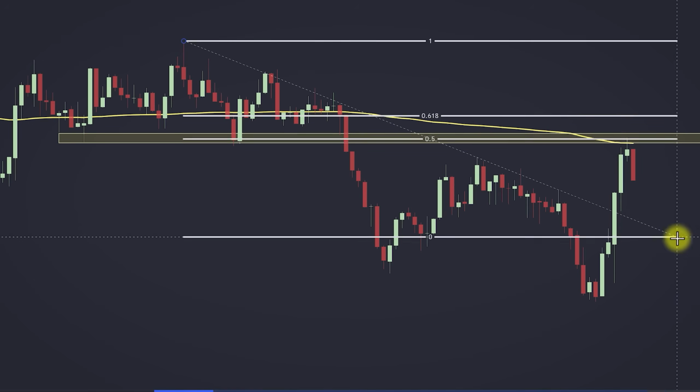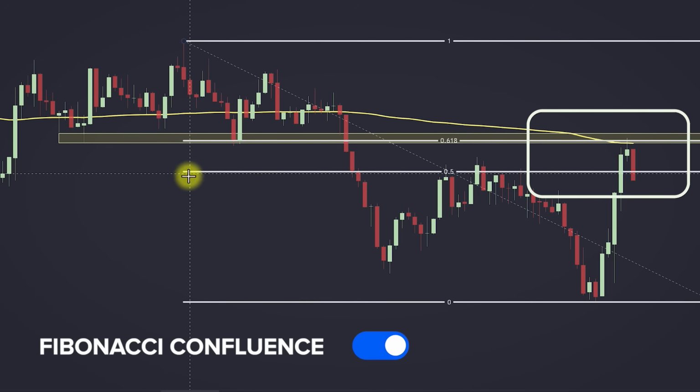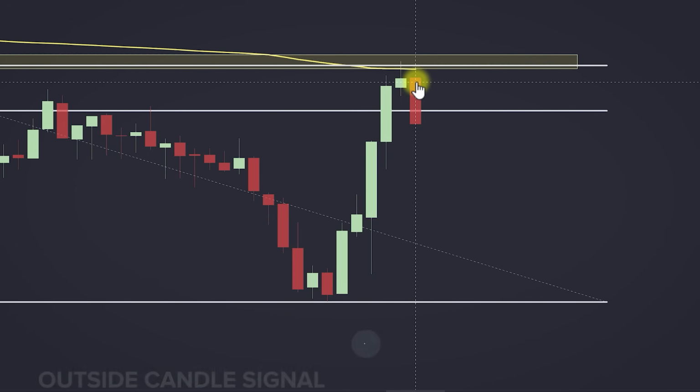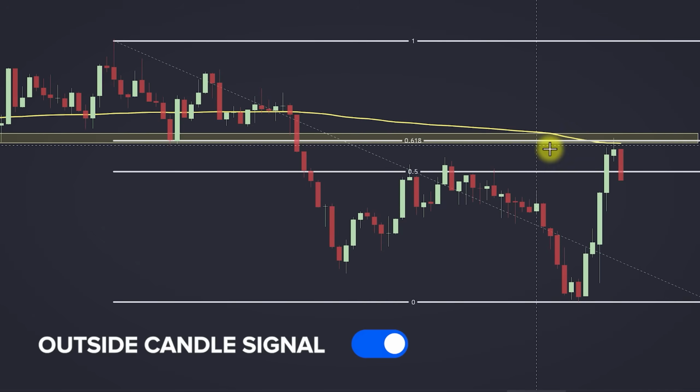Point 4 is Fibonacci confluence. If your VWAP test also lines up with the 61% retracement level, you get 1 point. Point 5. Do you have a clear outside candle signal? If the market is showing you strong rejection at your level with conviction, you get 1 point.